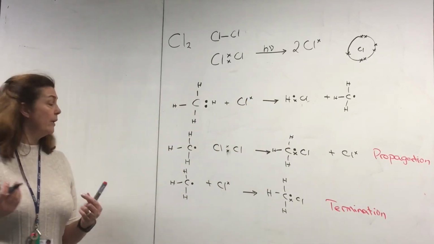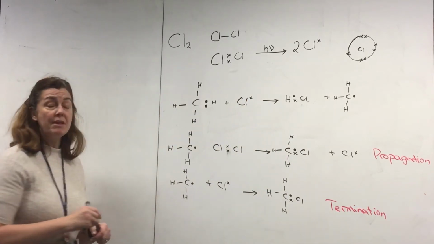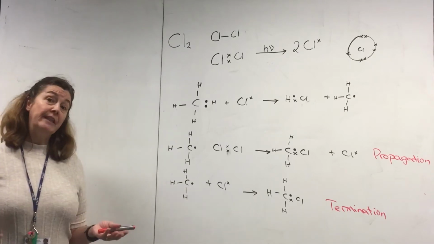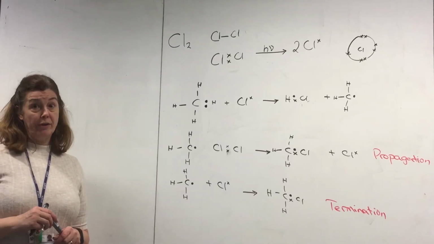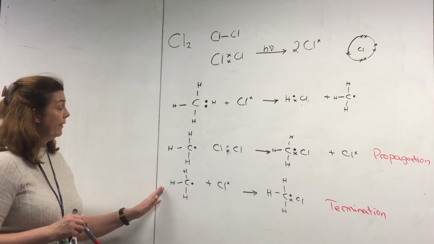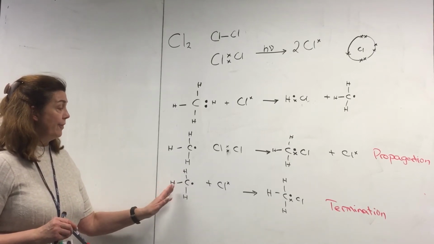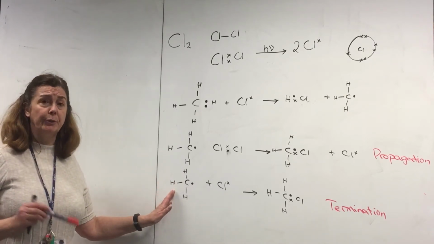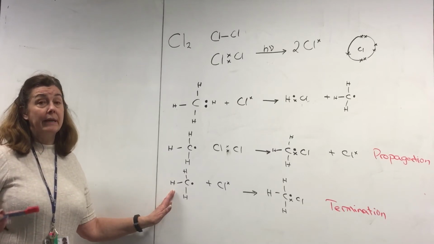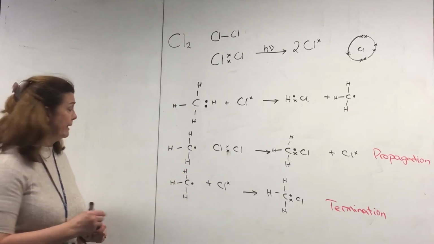And then we can also react the methyl radical with itself. Now this is evidence that we are going via a radical mechanism, because there is no other way to make ethane than by this radical approach.